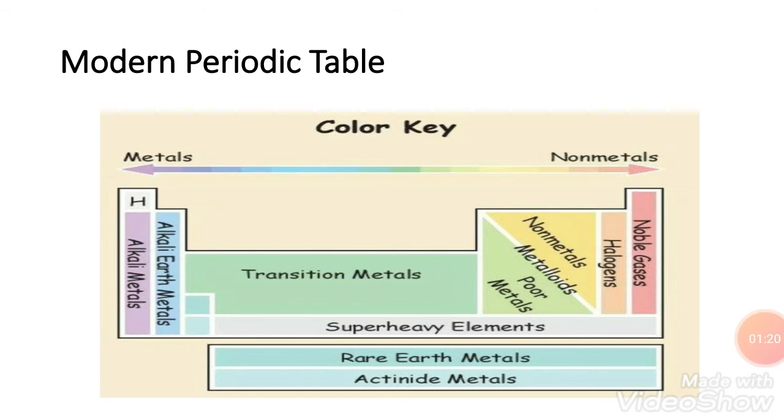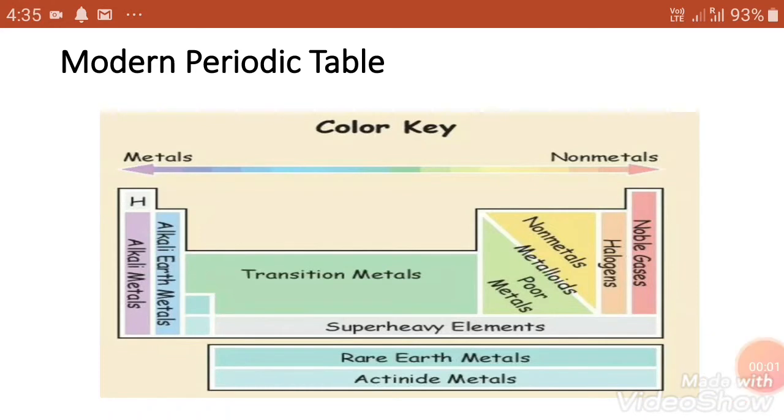Here you can see the first column is called the alkali metals and the second column is called the alkaline earth metals. The third to 10th columns are called the transition metals, and then the 17th column is called the halogen group, and the 18th column is called the noble gases.